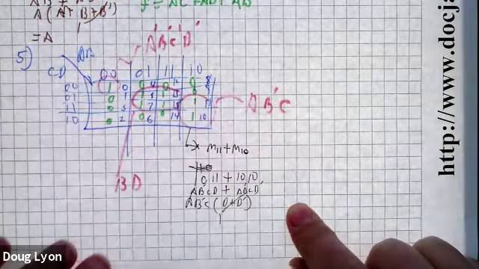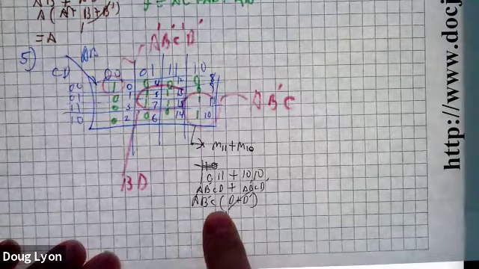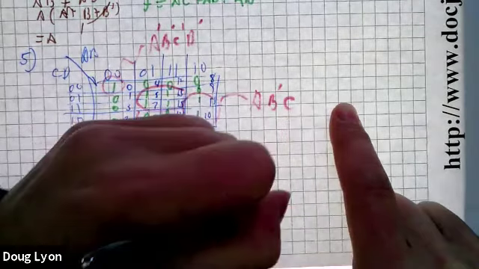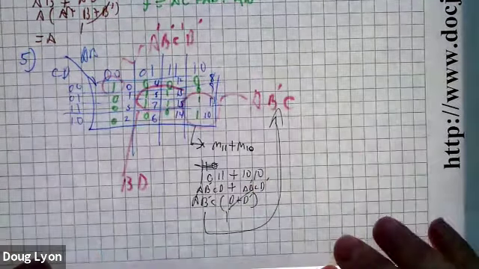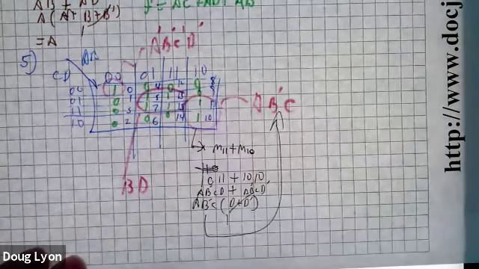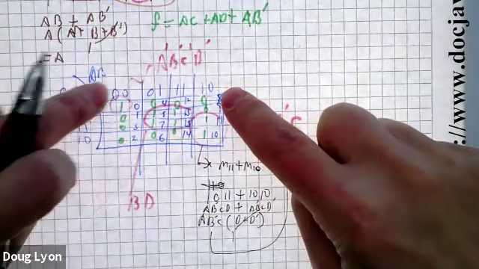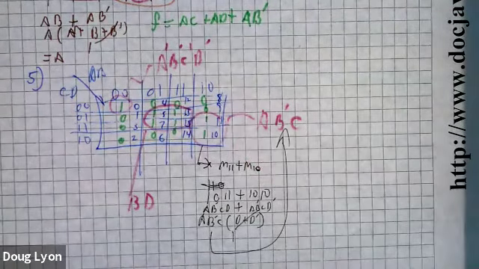That goes to 1. And that's where I get A B prime C. A B prime C comes right in there. So that's why you're able to do that looping. And it's because of how we've done our numbering up here on the top and on the sides.